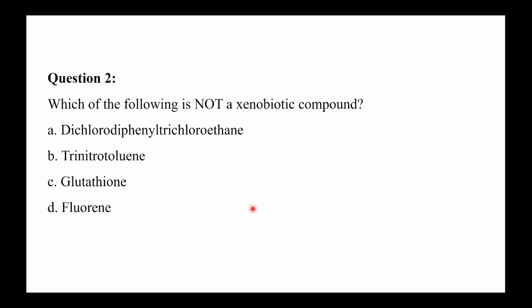And option D is fluorine. So we have 4 options. First is dichloro-diphenyl trichloroethane. Second is trinitrotoluene. Third is glutathione. And fourth is fluorine. So you have to tell which of the following is not a xenobiotic compound.